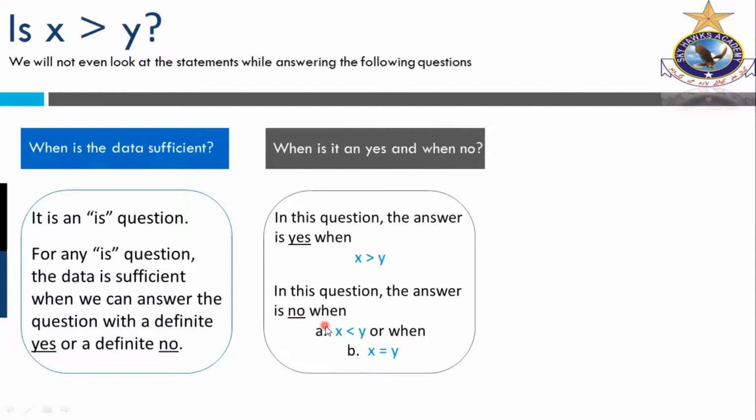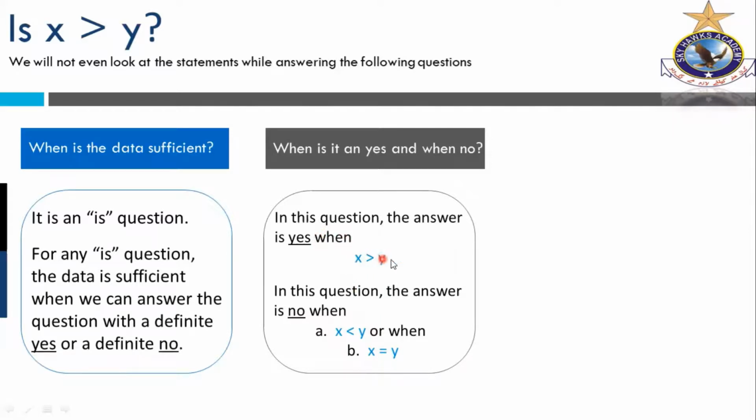There are two possibilities, A and B, if you are saying no. For yes, we have only one option, that x must be greater than y, and if we are saying no, then there are two options: x must be less than y or x must be equal to y. I'm sure you are getting this point.